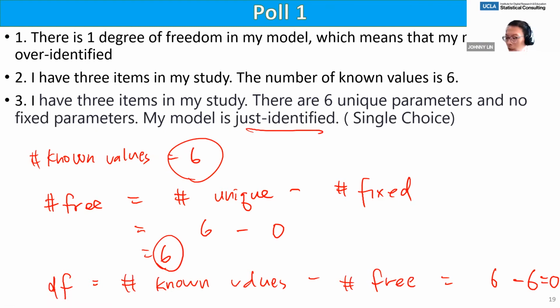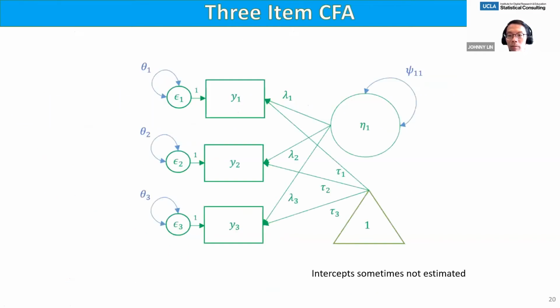No? No questions about that? All right. Okay, so that's just to get you thinking about degrees of freedom. Really, it's just a small part of your output, but you really need to know degrees of freedom to be able to identify your CFA.